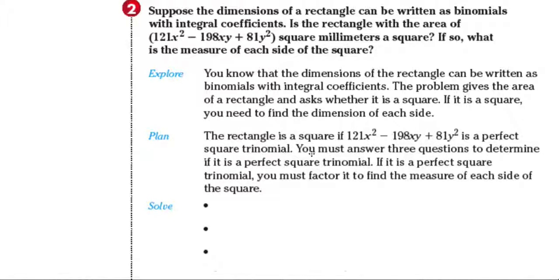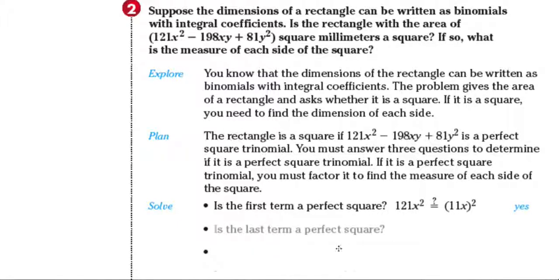We need to check whether 121x squared minus 198xy plus 81y squared is a perfect square trinomial. You must answer 3 questions to determine if it is a perfect square trinomial. If it is a perfect square trinomial, we need to factor it. So is the first term a perfect square? 121x squared is the same as 11x squared. The answer is yes.